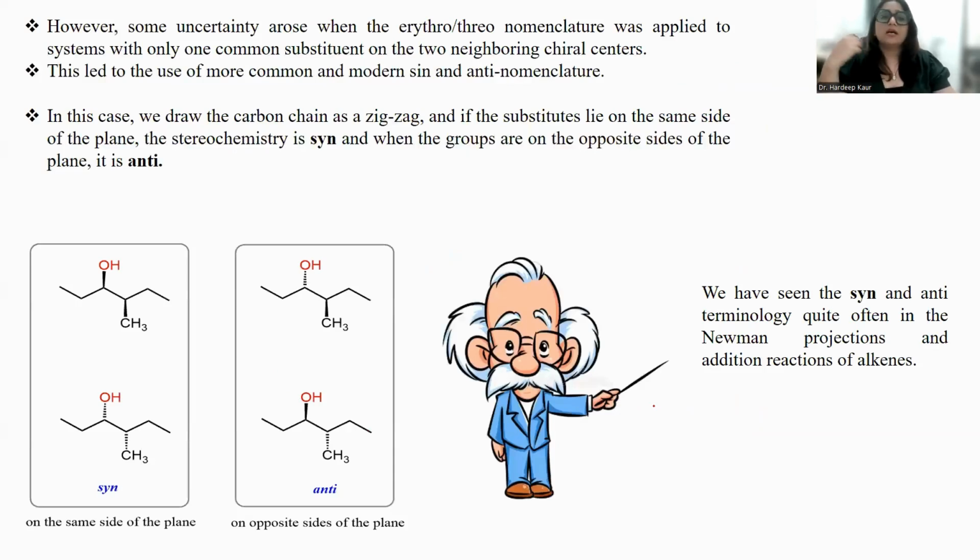However, uncertainty arose when erythro and threo nomenclature was applied to a chain with only one common substituent on the neighboring chiral center. So what will happen? The more common and modern method right now is syn and anti. Why are they syn?